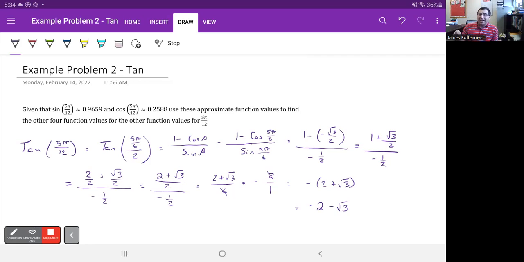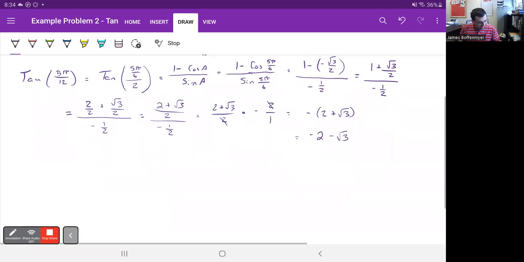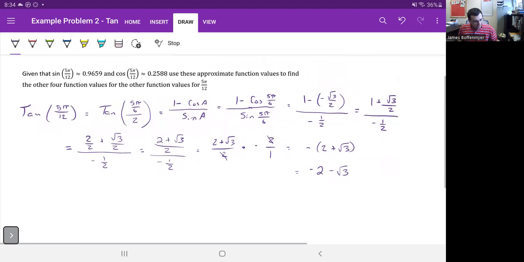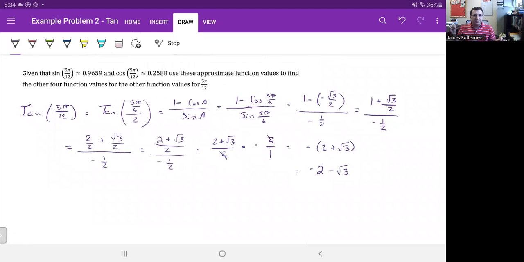Now we found the sine. Well, we're given the sine, the cosine, and the tangent. Now we've got to figure out the other three. But here's the easy part. They give you the sine is equivalent to 0.9659. The reciprocal values that we covered back in the last section: cosecant is the reciprocal of sine.